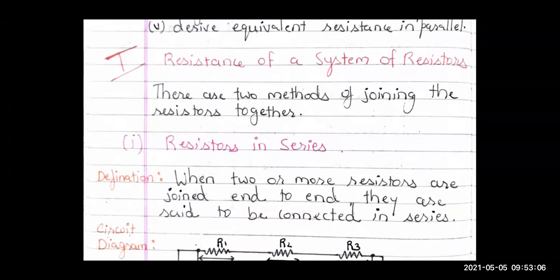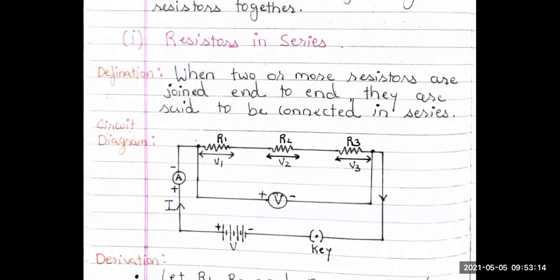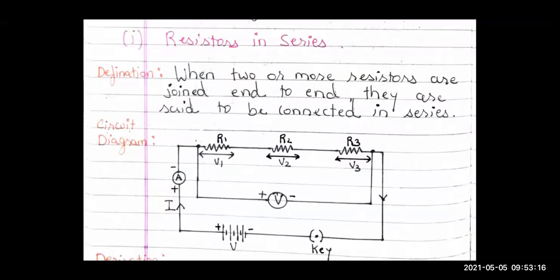When the resistors are connected end to end, just like the coaches, just like the wagons of a train, right? This is resistance R1, R2, R3. If you see, the end of R1 is connected to end of R2. The end of R2 is connected to the end of R3.